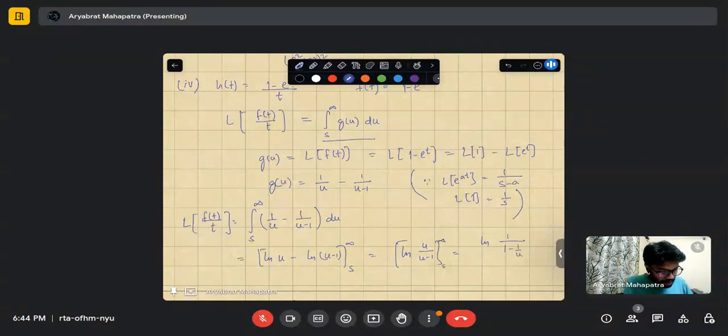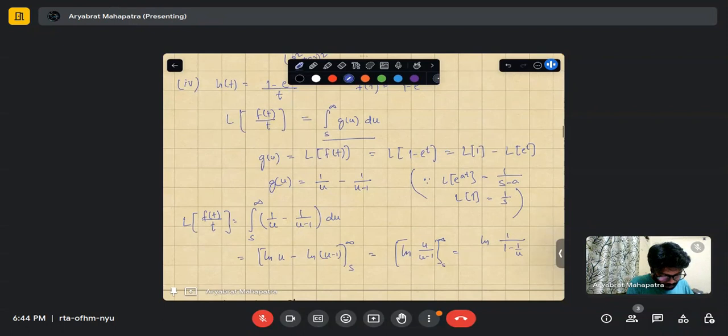So when you put infinity right here, that will give you basically 0. 1 by infinity is 0, so that is 1 by 1 minus 0. So that is ln 1, and ln 1 is 0. That is what your first term will contribute, basically 0.